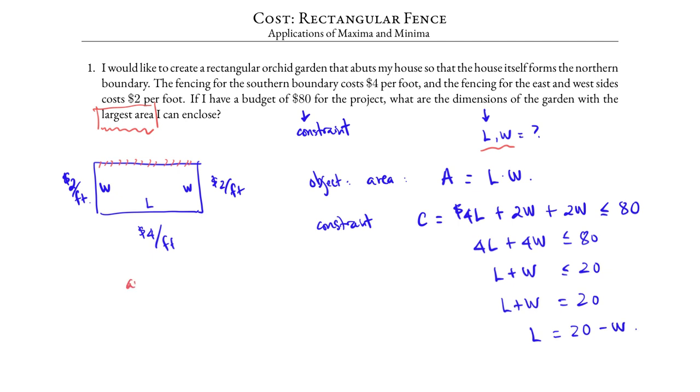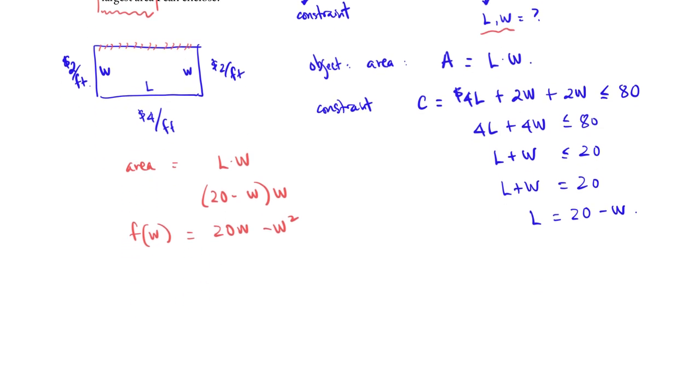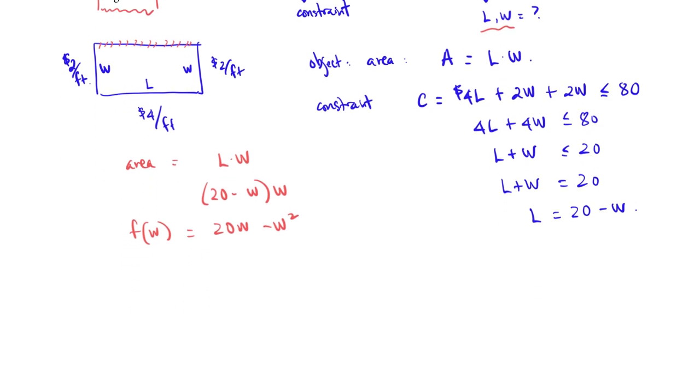Then the area is now length times the width, but the length is 20 minus W and the width is W. This is 20W minus W squared, and this is our area function, the objective function in terms of W. Note that W cannot be negative, and we can also determine the domain of W by looking at the constraint here.